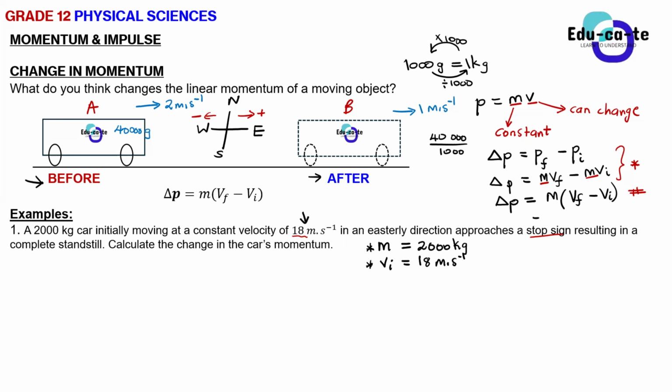Then they say it approaches a stop sign, and it has to stop immediately, otherwise it will start hitting the greenies. This results in a complete standstill. What does this mean? The final velocity is equal to 0. It means that it will not be able to continue. So it moves and moves, and then it stops, so that we can avoid some danger and accidents. Can you find the change in momentum from this? Yes, sir.